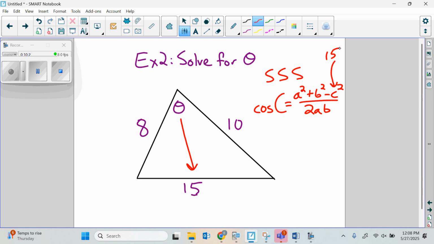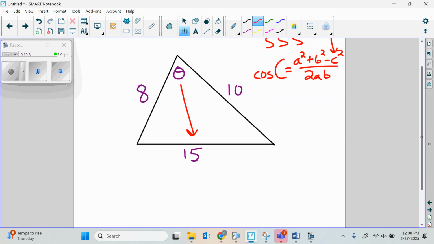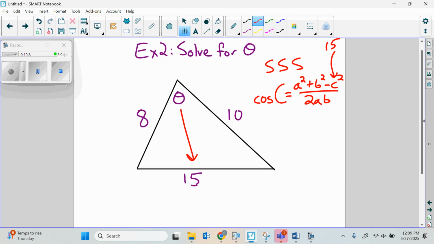All right, so watch how we set this thing up. I'm going to scroll down just a hair. So instead of saying cos C, C represents the angle I'm looking for. In that case, it's theta. So I'm going to say cosine theta equals. I'm going to start with a squared plus b squared. Again, my a and my b will be 8 and 10.